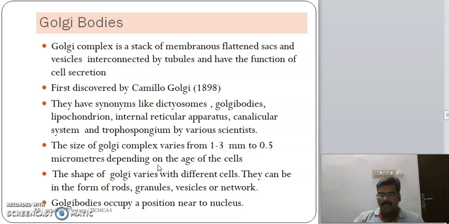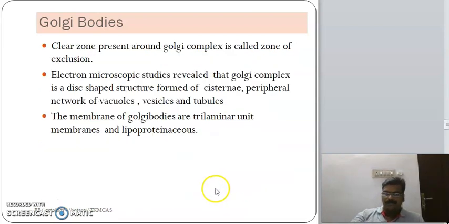When the cell is old, the Golgi apparatus will be smaller. The shape varies and can differ in different cells. They are seen towards the nucleus. Often around the Golgi apparatus, a clear zone is observed within the cell, and this clear zone is called the zone of exclusion.